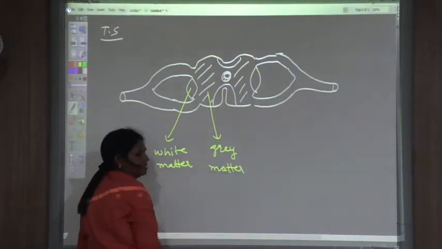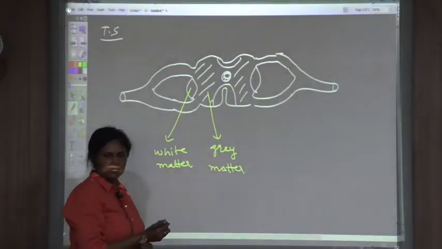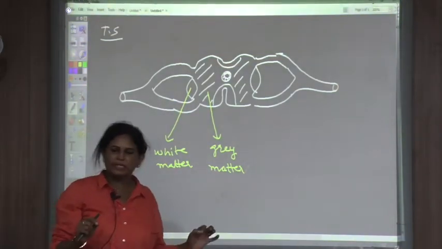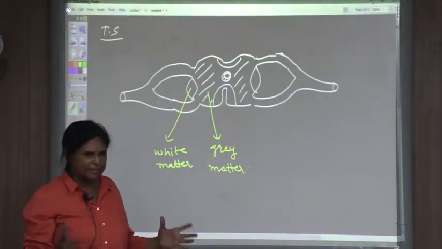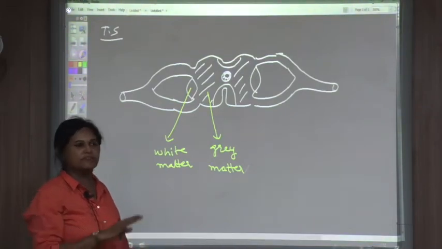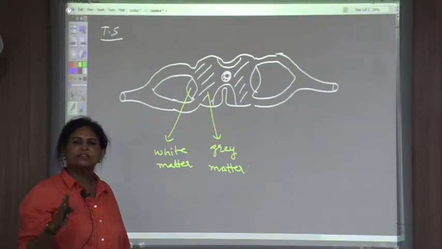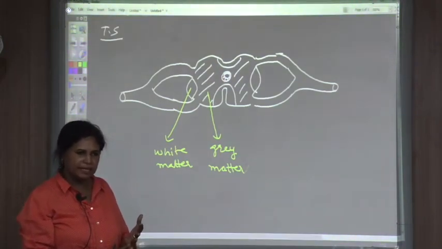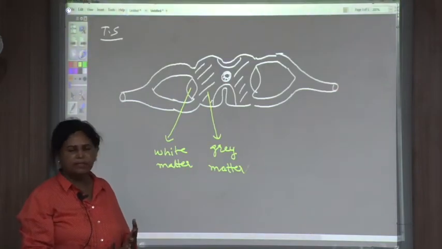So the grey matter is inside in the spinal cord, and it was outside in the cortex of the brain. Grey means that the cells will not be having the medullary sheath or the fat covering. Myelin sheath will not be there. So that is why the cells appear grey.